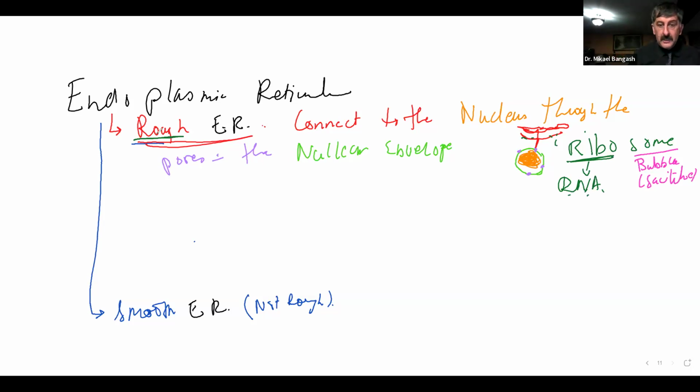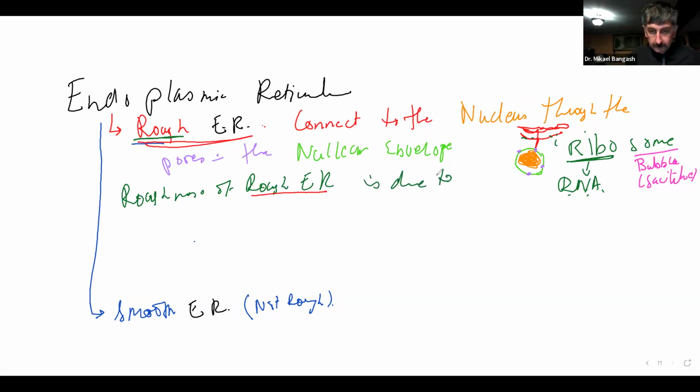So the rough endoplasmic reticulum is rough because the roughness of the rough endoplasmic reticulum is due to ribosomes on its surface. And the question is, why do we call ribosome ribosome?